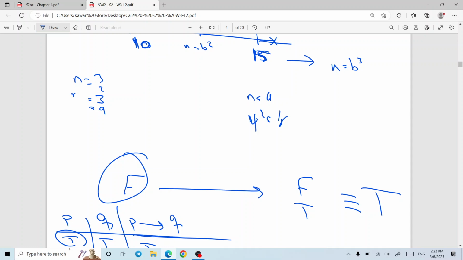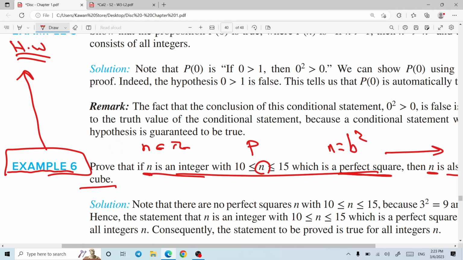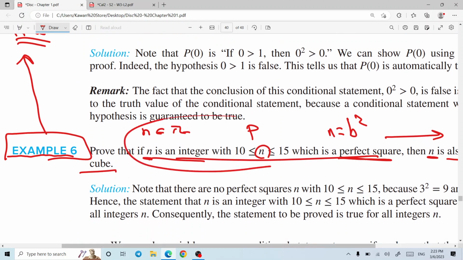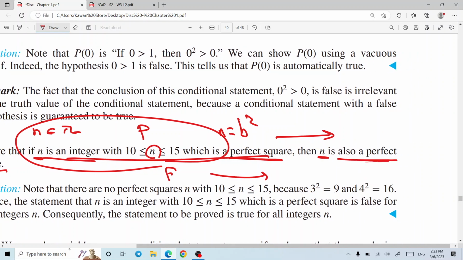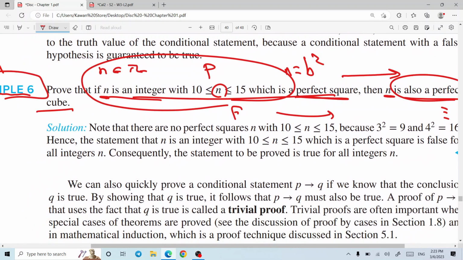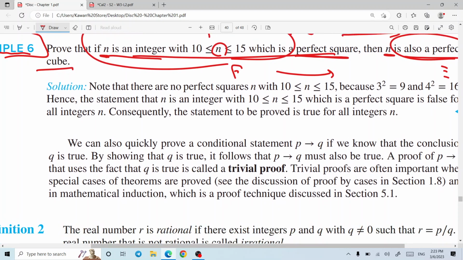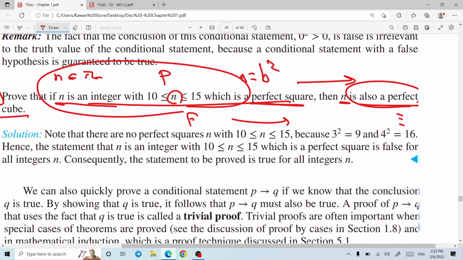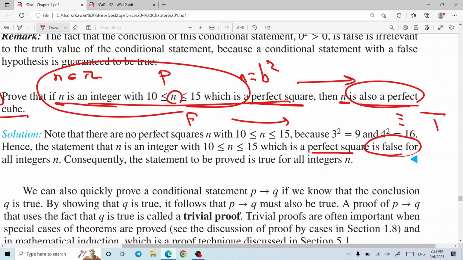Understood? So it means that you don't need to prove it. There's no way to prove it. Why? Because we start with the wrong thing. It's wrong, then the result is anything that I have. True or not, I don't care, because the result will be true. That's why you can see from here that he says the perfect square is false.